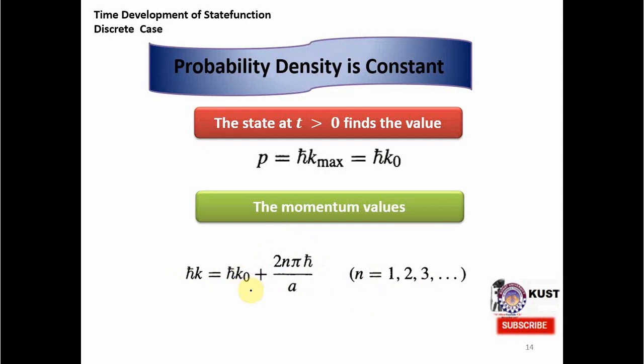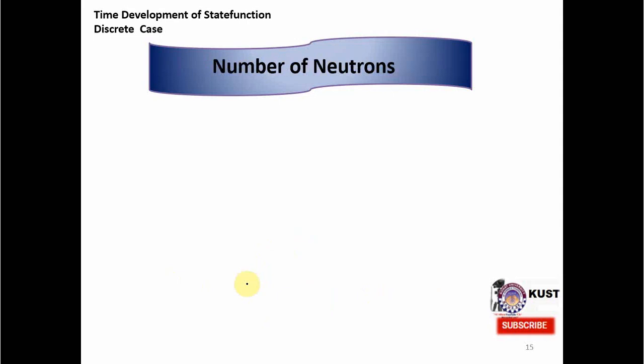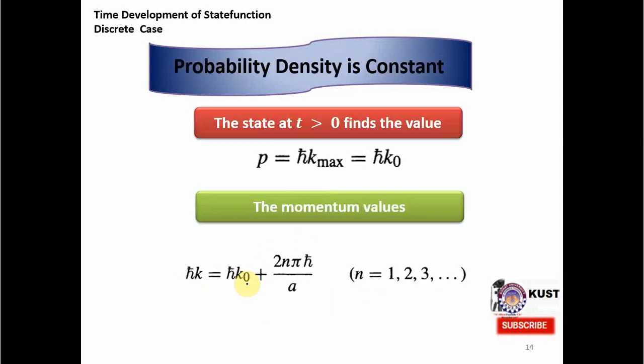It's the maximum value, as you have seen in the plot. This probability is almost constant because the most probable value is found there. As we move away, with n becoming greater, 2 and 3, there will be fewer corrections. So h bar k is almost determined from this leading term.